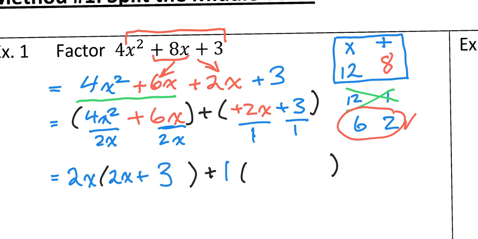It's like you're looking for a number that divides both the x squared and the 4 and the 6 and the x, and that's how we got the 2x that pulled out. For the second half we just pulled out positive 1, so we're left with 2x plus 3.